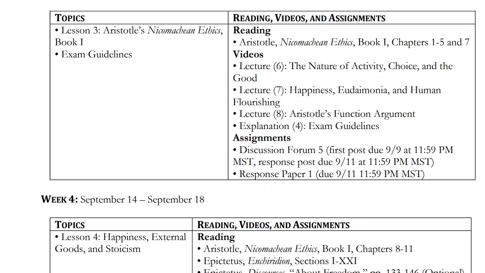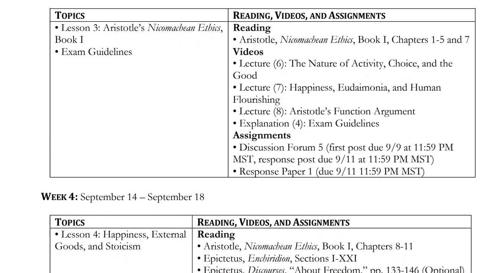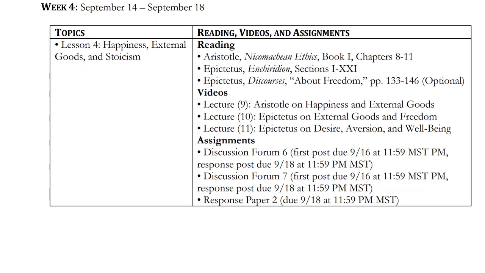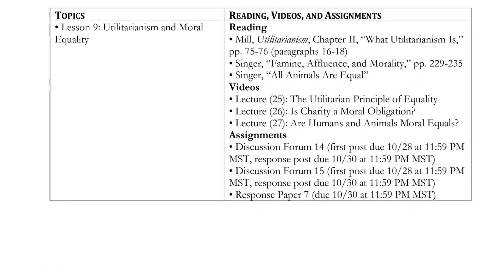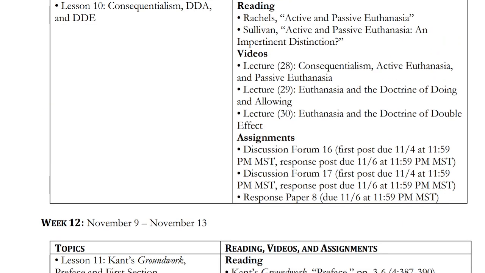Now one thing you'll notice is that the requirement said there are 10 opportunities, but if you look closely, it also says you're only required to complete 4 of them. If you continue scrolling down, you'll see response paper 1, response paper 2, 3, 4, and closer to the end of the course, 7, 8. If you go through the entire course schedule and the syllabus, you'll see there are 10 opportunities.